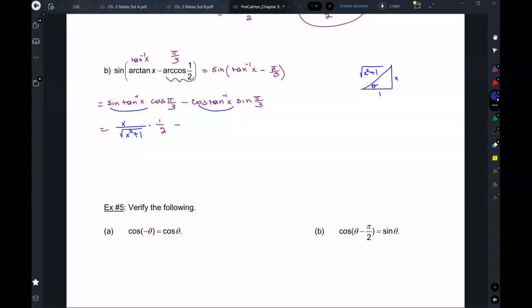The cosine is what? 1 over the square root. Times root 3 over 2. So now let's see. Denominator here, 2 times the square root. Denominator here, 2 times the square root. That's a common denominator, 2 times the square root.